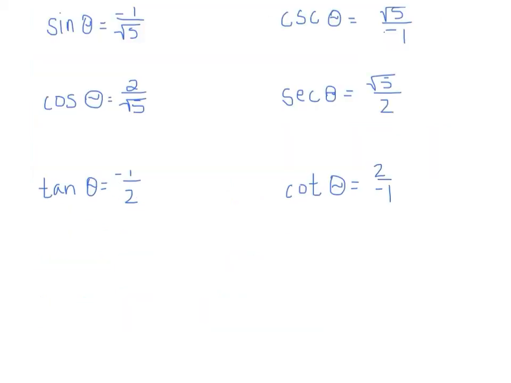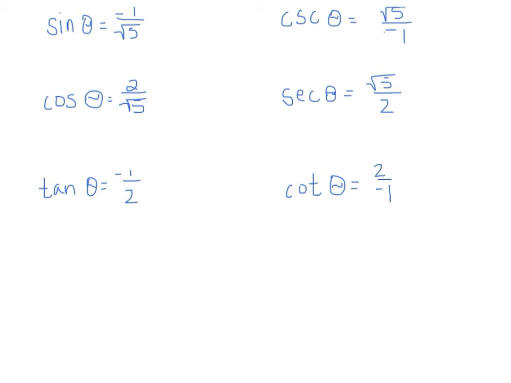Now these values, while they're correct, are not simplified, they're not rational. So a few things that we need to pay attention to. We are not allowed to have radicals in the denominator. But remember that mathematically we can multiply any fraction, the same value in the numerator and denominator, and it will be equivalent because any value over itself is equal to 1.